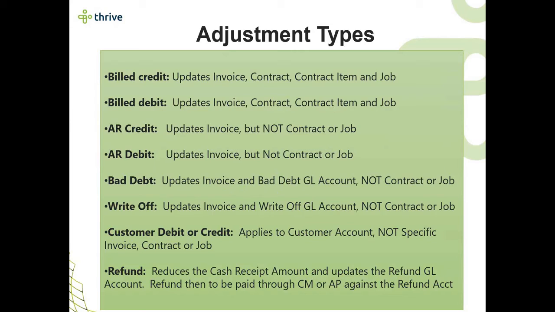The next adjustment that can be done is customer debit or credit. So if you agree to give a customer a credit, you can just go in through Adjust Receivable and put in a dollar amount if you've got some sort of agreement with the customer. It's not allocated to a specific invoice, contract or job at this time.